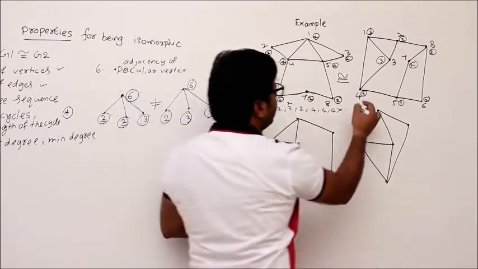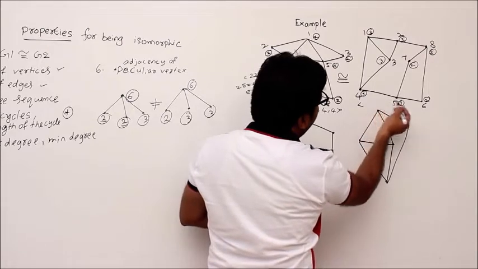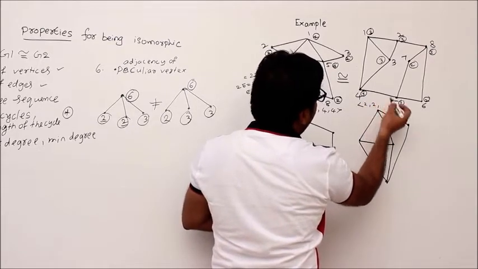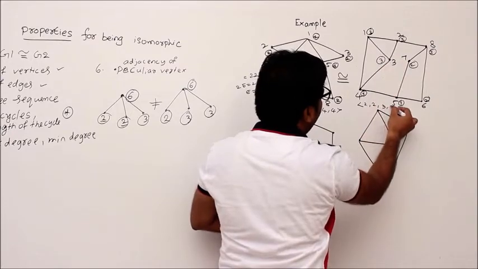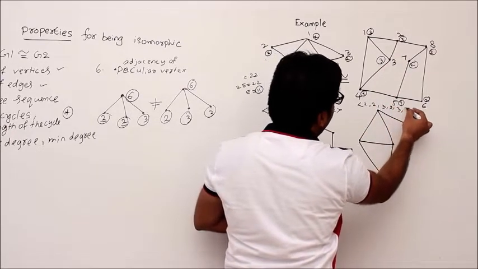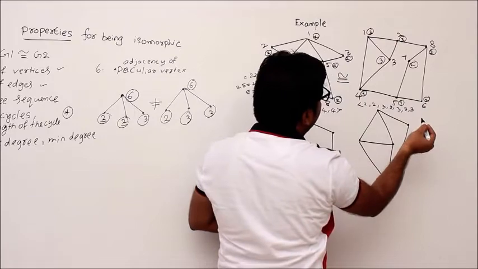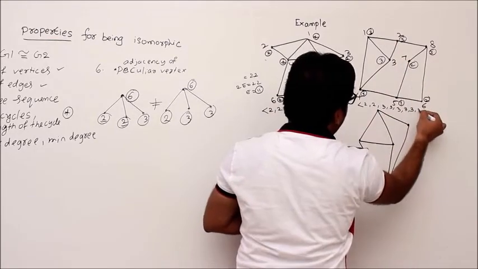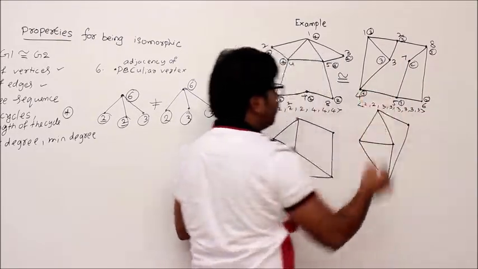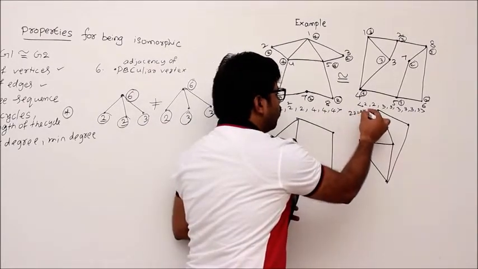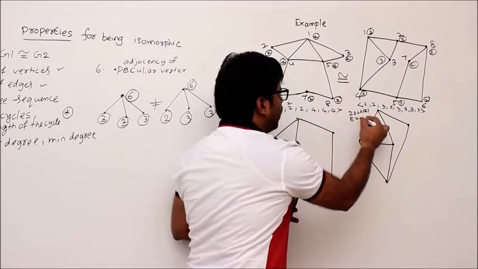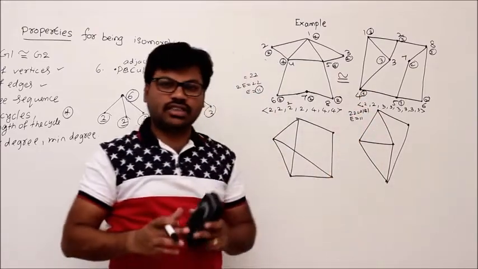Here there are 2 vertices of degree 2 and 6 vertices of degree 3, sorry. Then the sum is 3, 6, 18, 20, 22. The sum of the degrees is 22. 22 equals twice the number of edges, so the number of edges should be 11. Yes, the number of edges are matching.